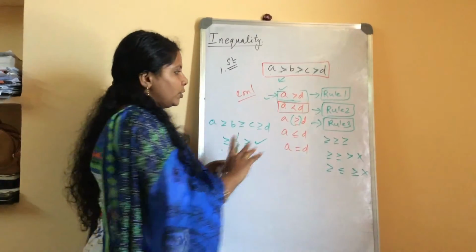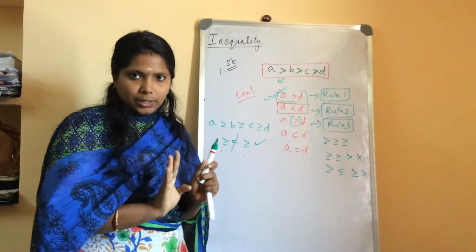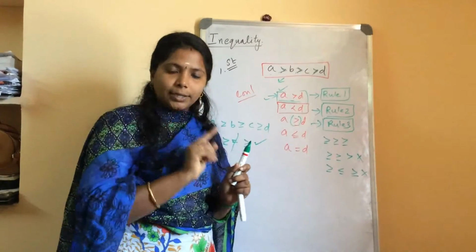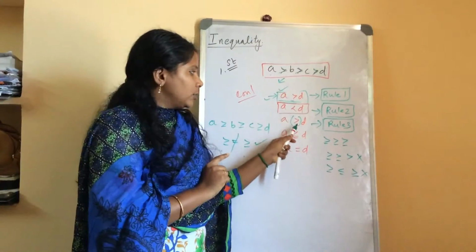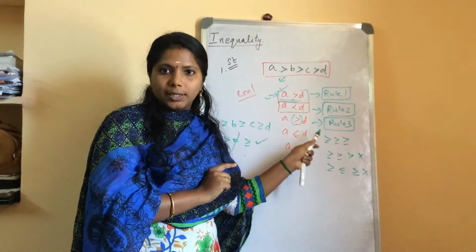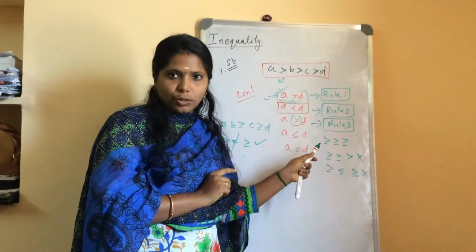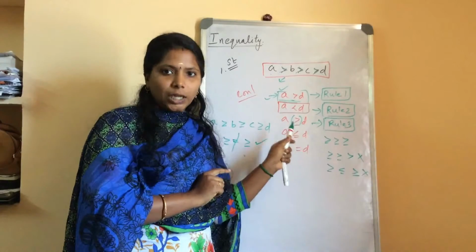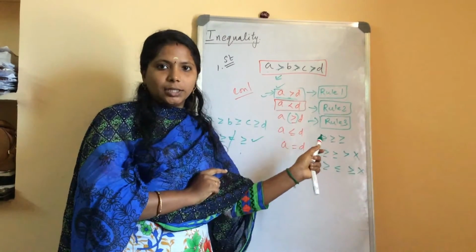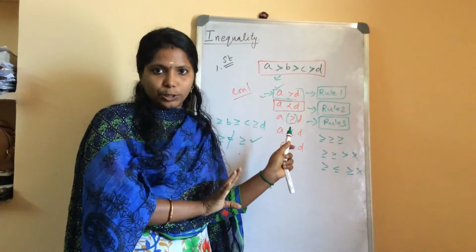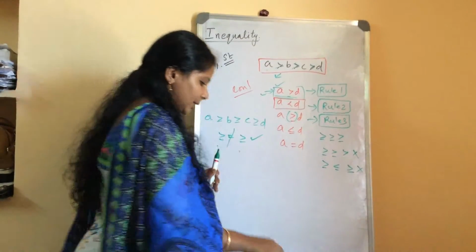According to rule number 3, if you find greater than or equal to from start to end, then rule number 3 will be applicable and the conclusion will be true. And if you find an equal to symbol in between, omit that equal to symbol and continue with greater than or equal to.